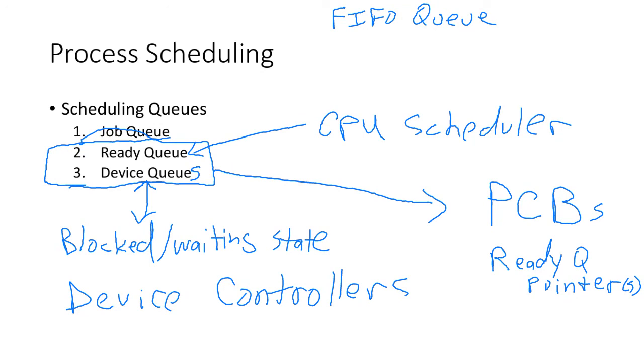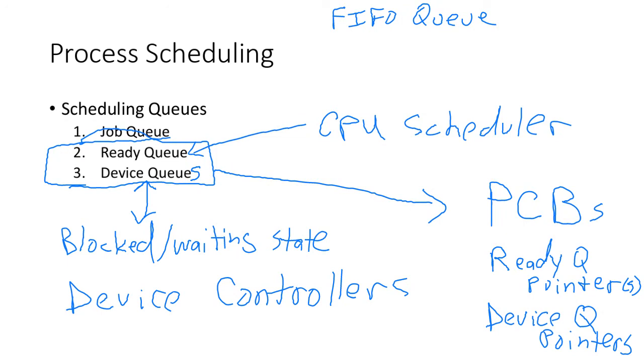Basically, you're not actually moving the process control block. You're mainly just manipulating pointers. But you're basically putting that process control block in the ready queue if it's in the ready state. And the same thing you would have for each device queue: one or more pointers, probably maybe just one pointer.